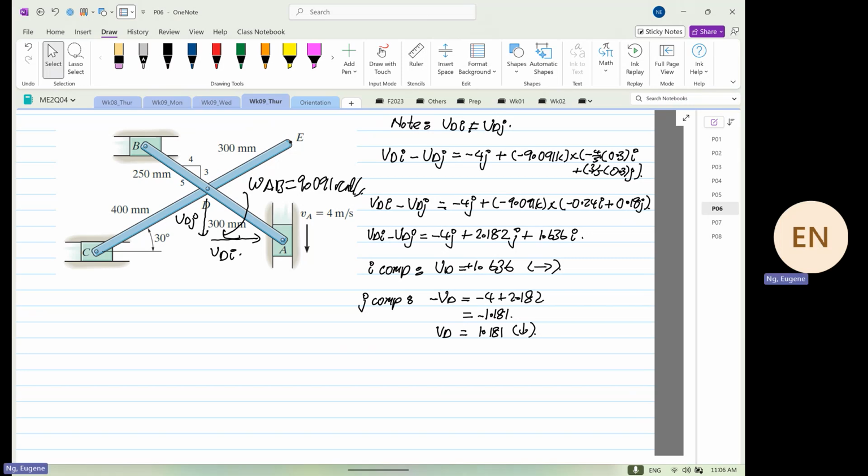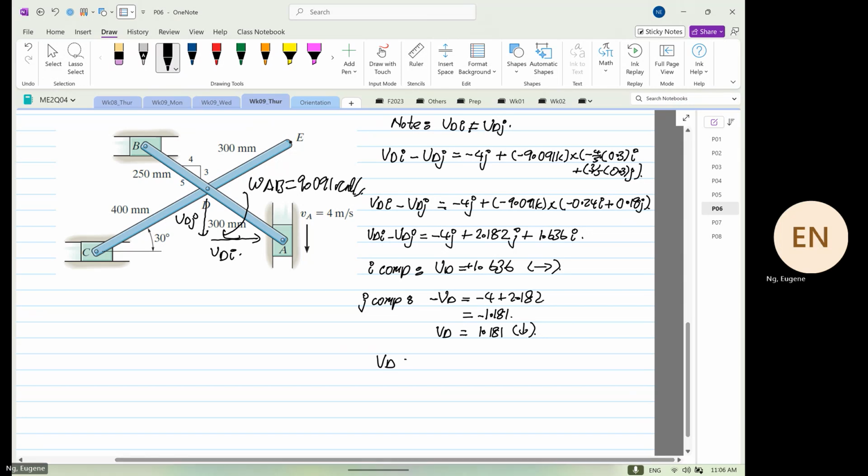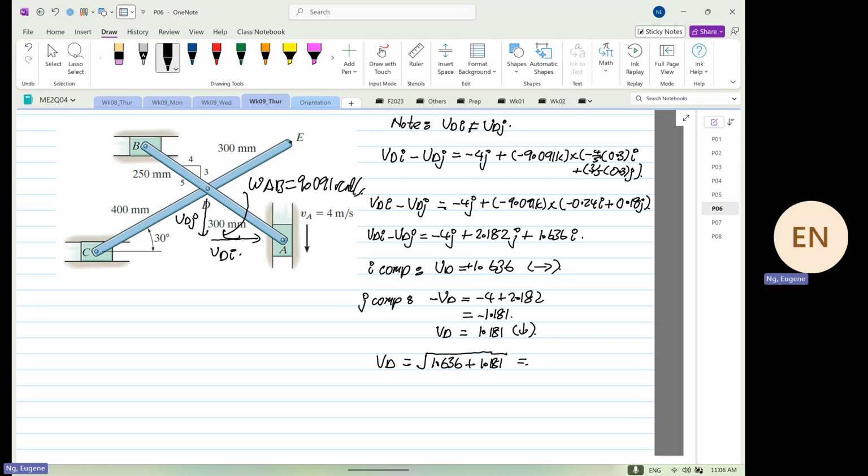So we know that VD is equal to square root of what? 1.636 squared plus 1.181 squared, square root of the whole thing is equal to 2.018.